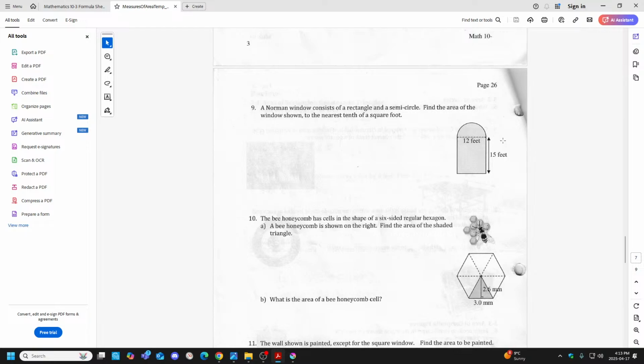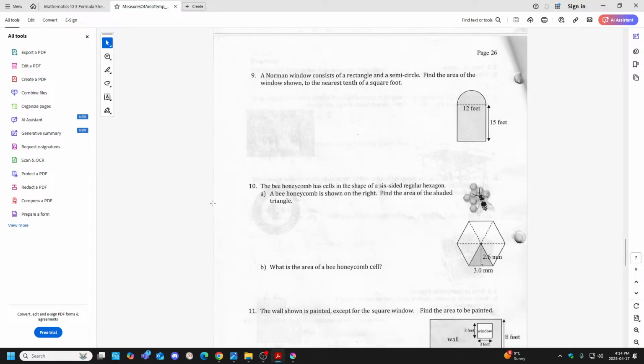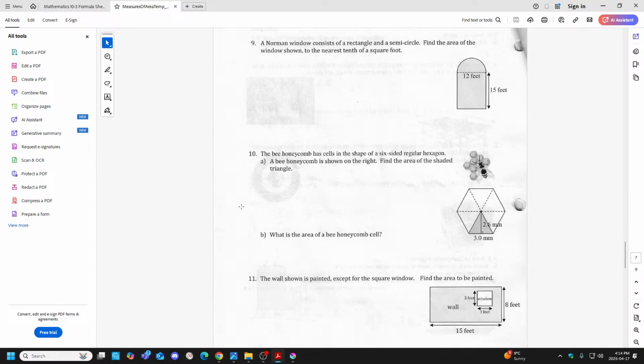Look, you can see there's only half a circle there. And then you also have a rectangle. It's a rectangle because the width is not the same as the length. The length is longer than the width.